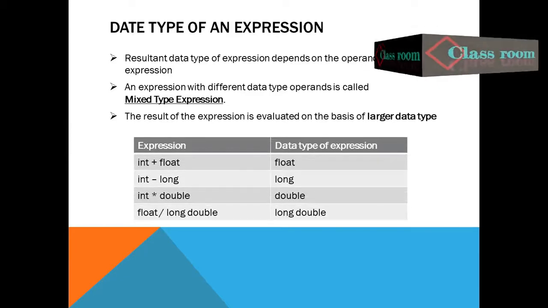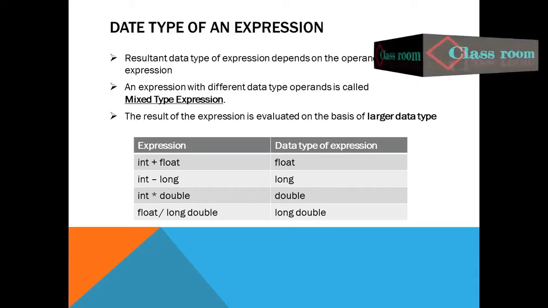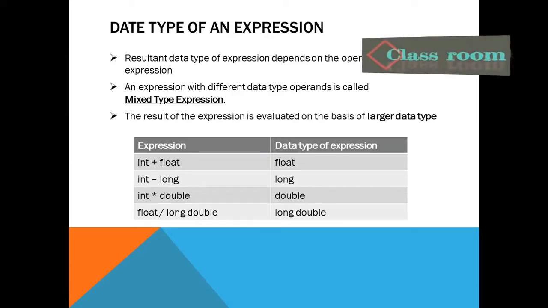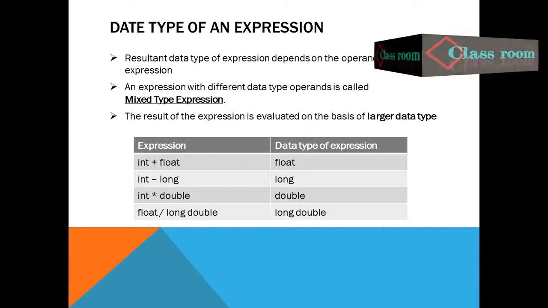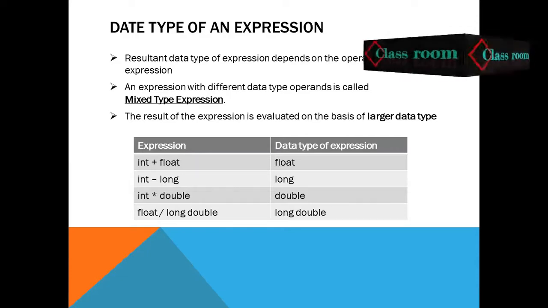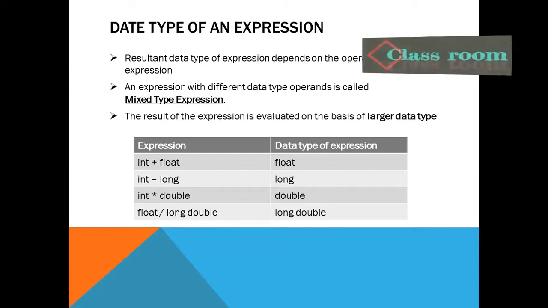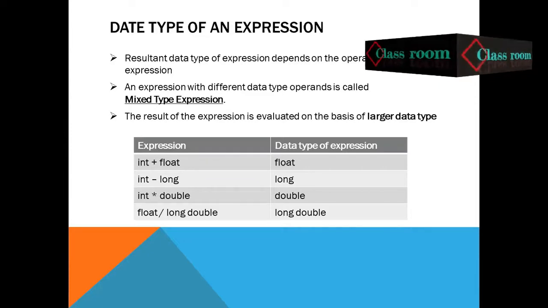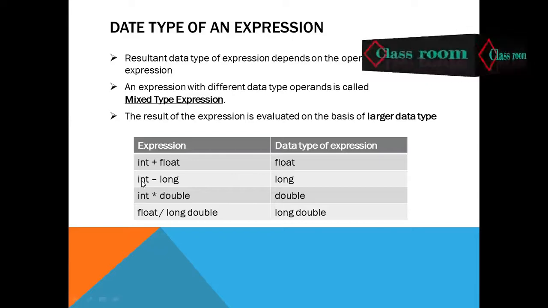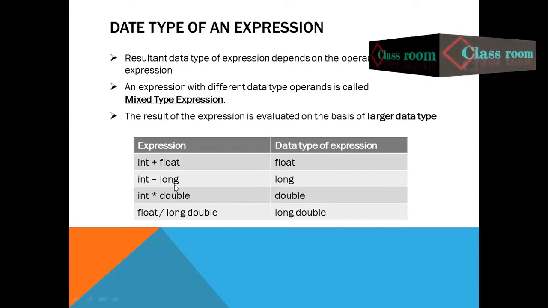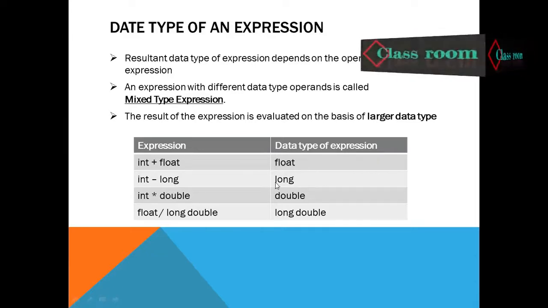And here is a chart: if we perform an operation between integer and float, int plus float, or int minus float, or int multiplied by float, or int divided by float, then the data type of the result that we will get will be float. If the expression has an int operand and a long data type operand, then we always get the result in long data type.